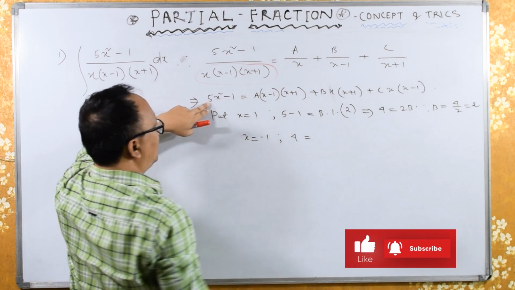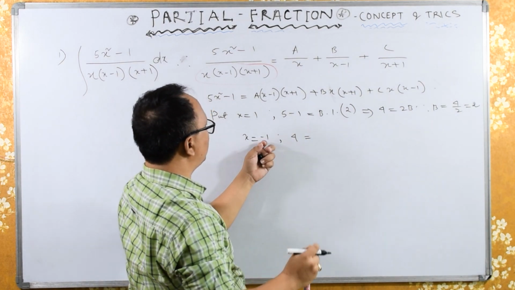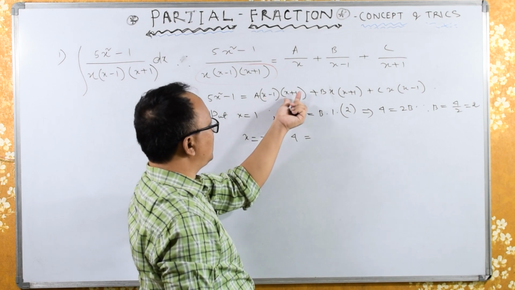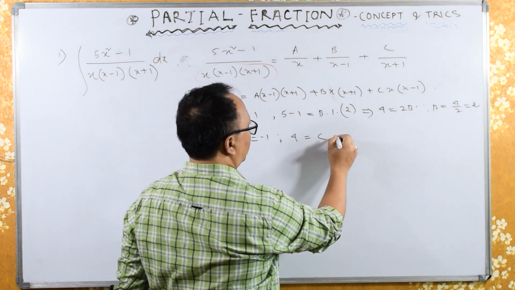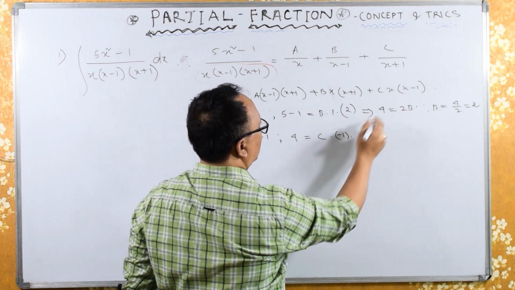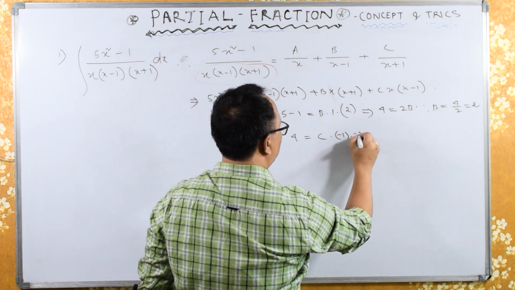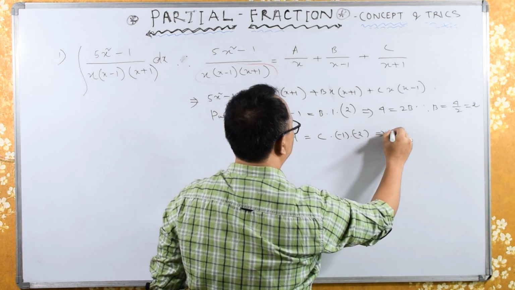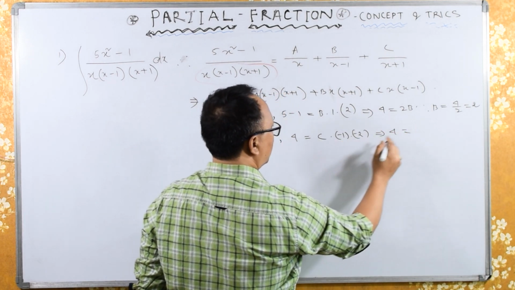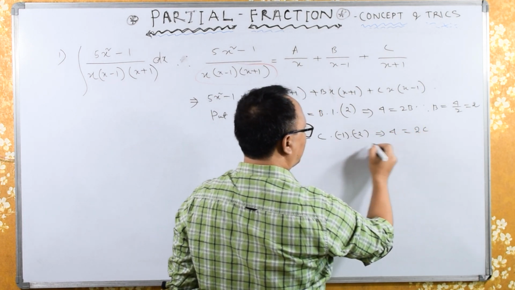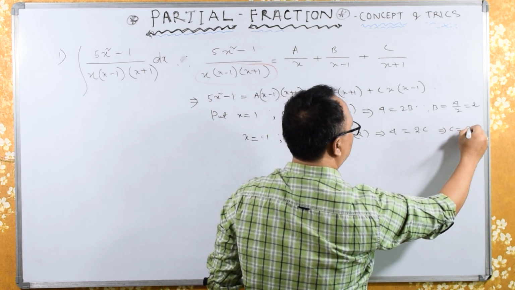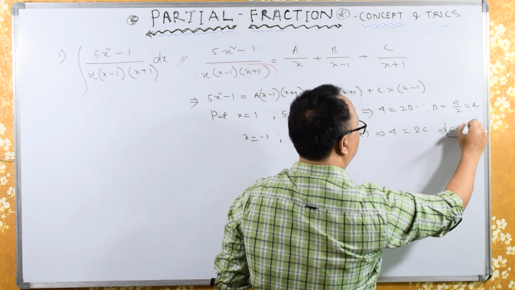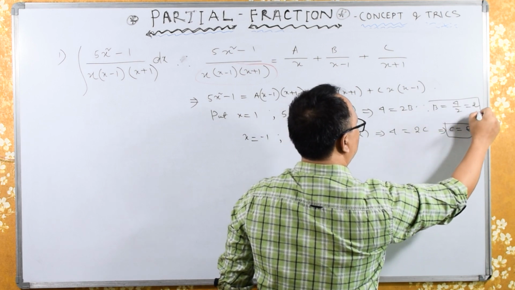Putting x equals minus 1, this term will be 0, this term will be 0. C into minus 1 into minus 1 minus 1, which is minus 2. It implies 4 equals 2c. It implies c equals 2. Here I have b equals 2, c equals 2.